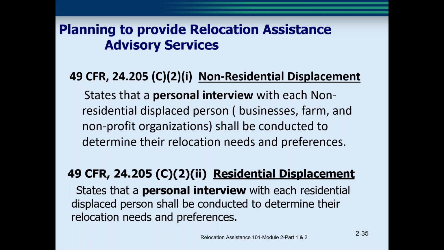Permission to not conduct this interview in person requires approval from central office. This interview cannot be done by mail or by email, unless there are really unique circumstances. And this rule comes right from the Code of Federal Regulations.